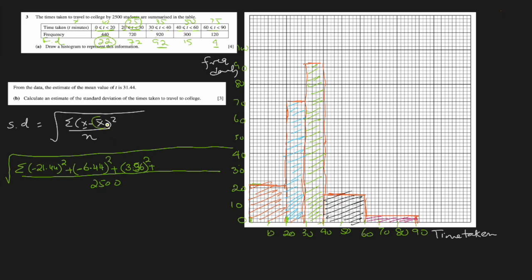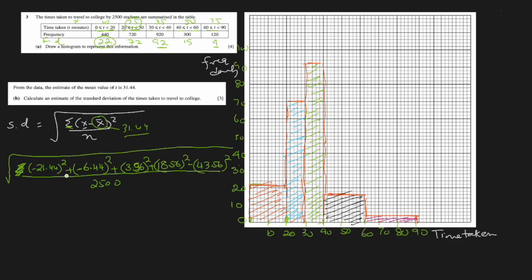This x bar is 31.44, which they have given. We are subtracting from each one. So it will be 18.56 squared. I'm adding them because there is a sigma. Next, we have 75 minus 31.44, which will be 43.56 squared.